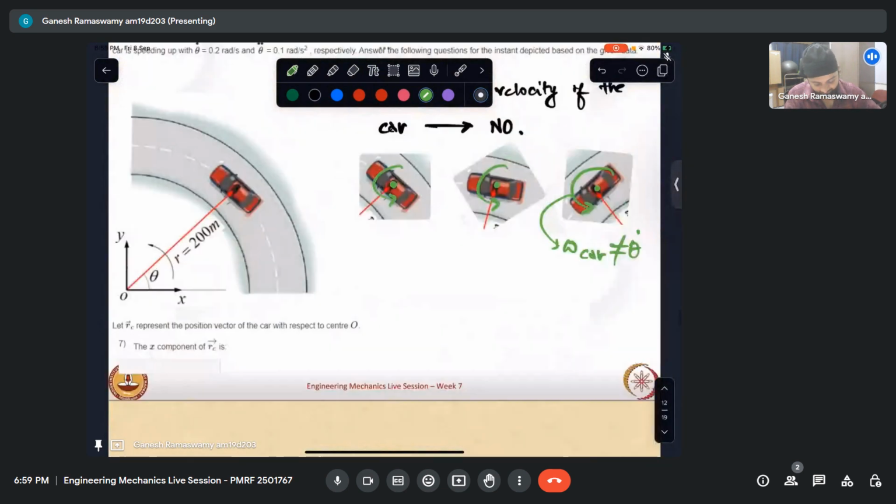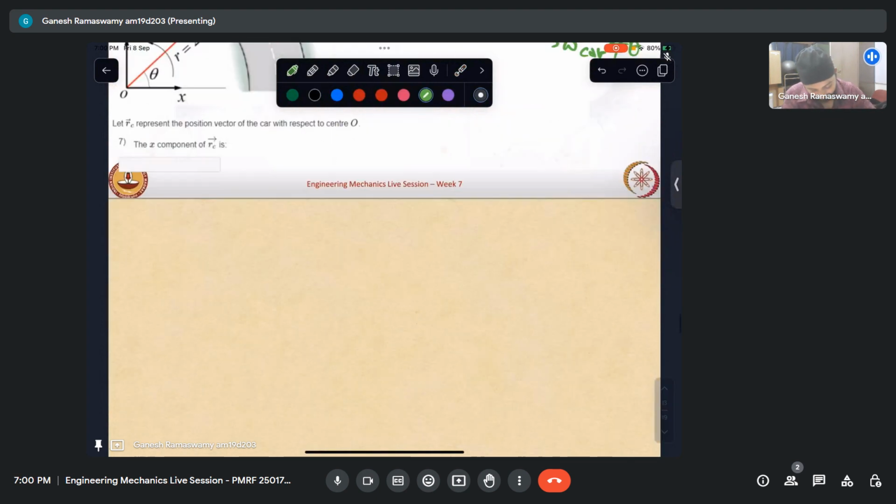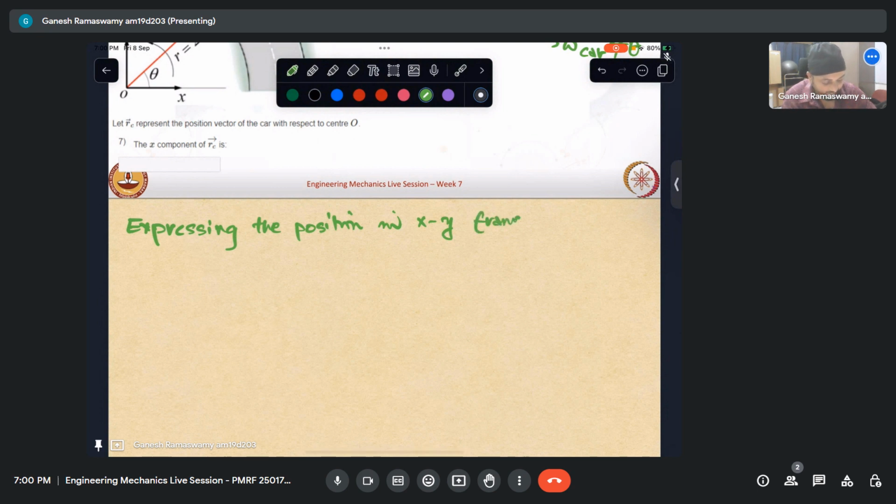Now if this is R, it can be resolved into two components. So therefore, expressing the position in xy frame. So what will this come out to be?